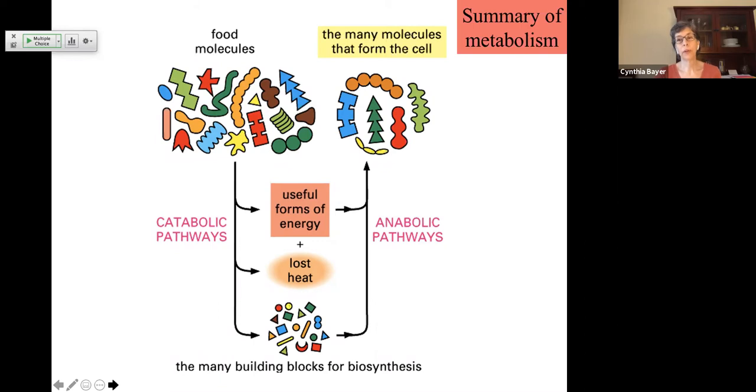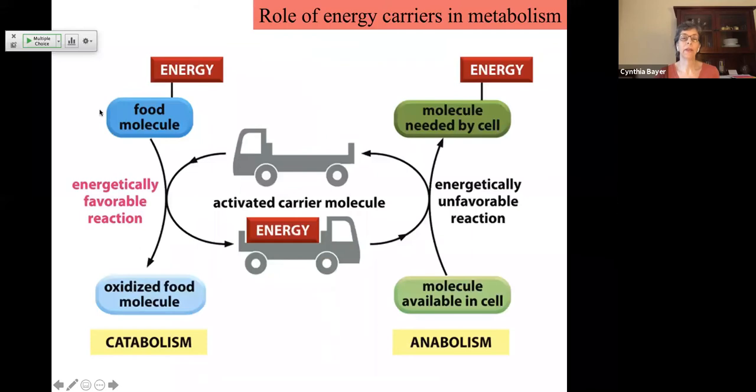So another way of looking at these metabolic pathways is considering, over here on the left-hand side, our catabolic reactions. Again, in the context of energy use or energy release, an energetically favorable reaction, the breaking down of a food molecule. That food molecule is oxidized. Energy is extracted from that fuel molecule and carried in our ATP, right?